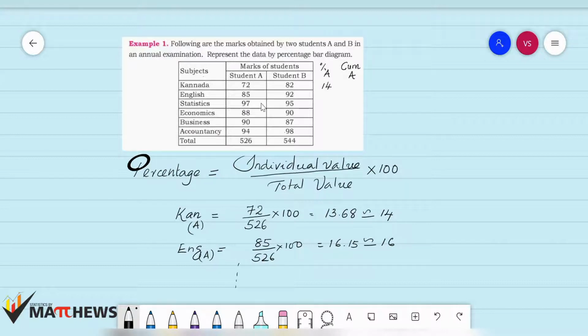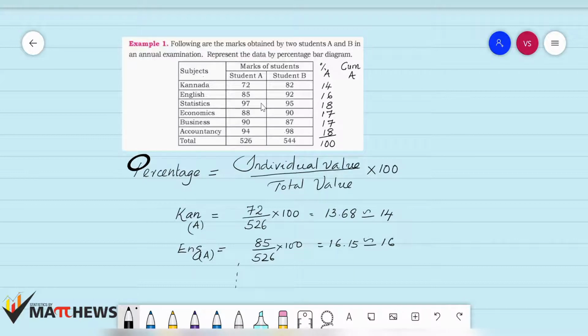Convert 85 into percentage, you get 16. 97, if you convert it, would be somewhere around 18, students. 88 is also roughly around 17. Then 90 is also 17, and 94 is 18. If we add this, we get 100.